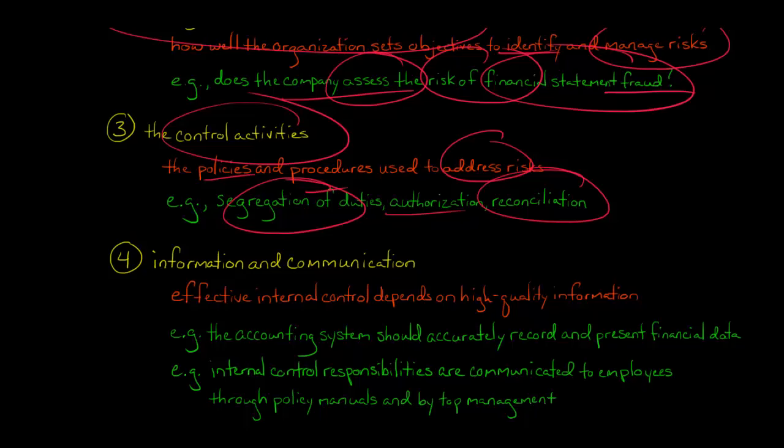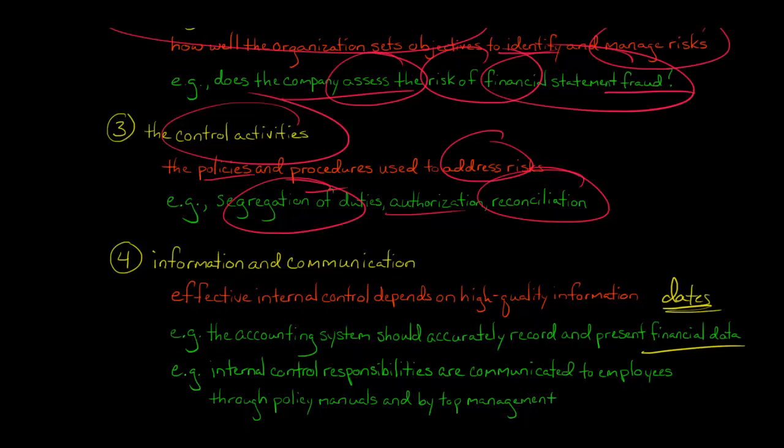Now, information and communication is important and critical to effective internal control. Why is that the case? Well, think about it. If you have an accounting system that is not producing quality financial information, if you're getting information from the financial statements or from your accounting system that cannot be trusted and there are all kinds of issues, for example, you don't have information about the dates when journal entries are recorded.